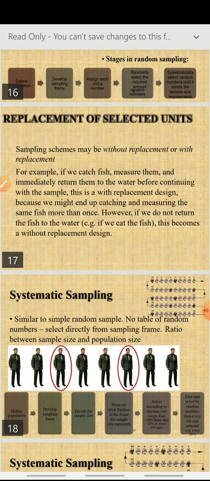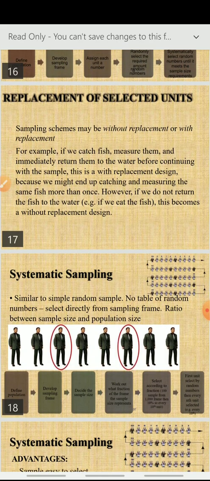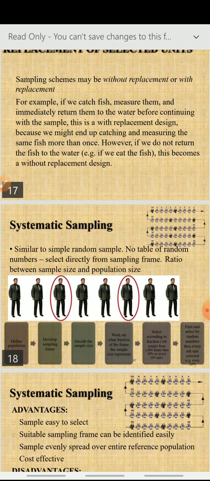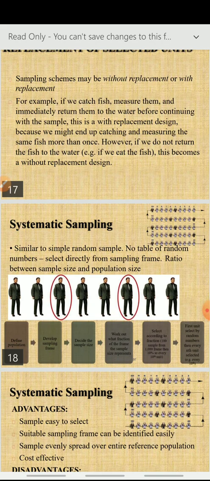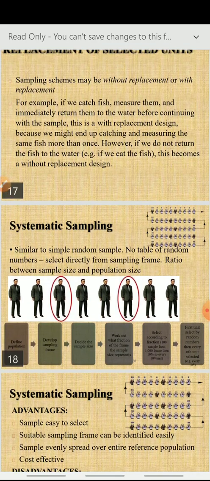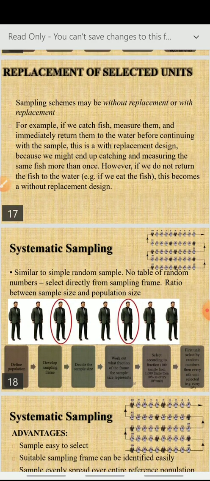That is known as sampling with replacement. But if we have proper data mentioning that this consumer has already filled our questionnaire, so we will not go back to that respondent, that is sampling without replacement design, and that is error free and good. It is better than sampling with replacement.